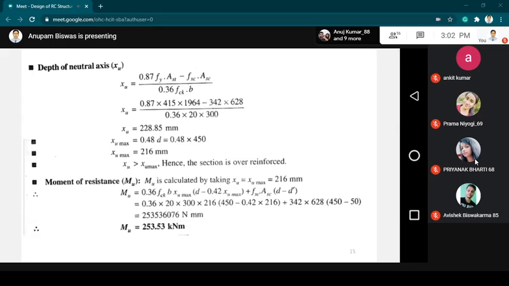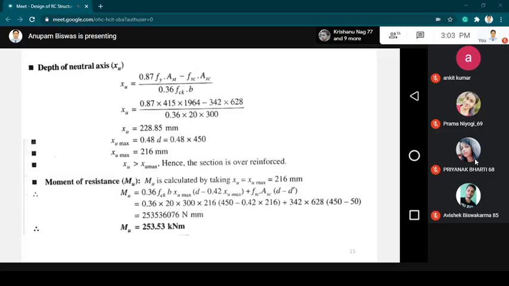Now we have to check whether xu is minimum or maximum with respect to xu max. So we see that the value of xu is more than xu max. Okay, so we conclude that this section is over reinforced. So what we have to do is find the moment of resistance considering the value of xu max only, that is 216 mm.